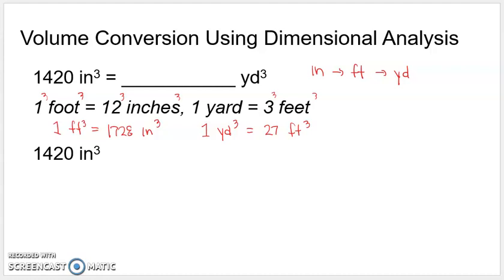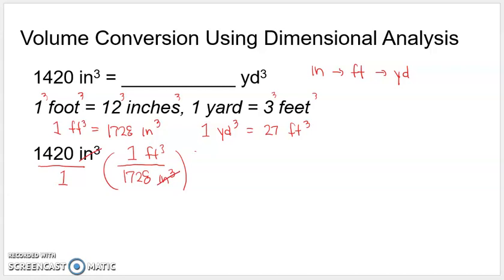Now I'm going to multiply what I want to convert, over 1, by conversion factors. First, let's go from inches to feet. 1,728 inches cubed is equal to 1 foot cubed. Inches are on the bottom, so my inches will cancel.